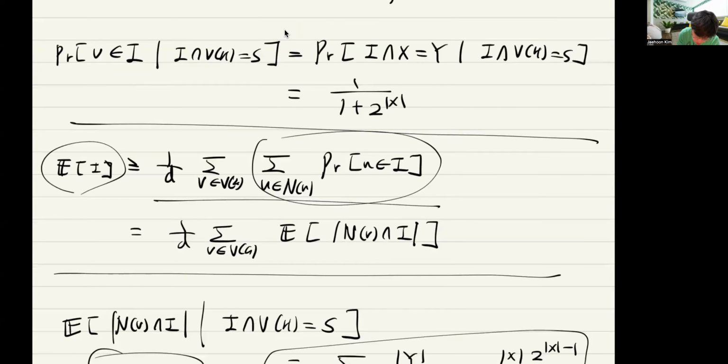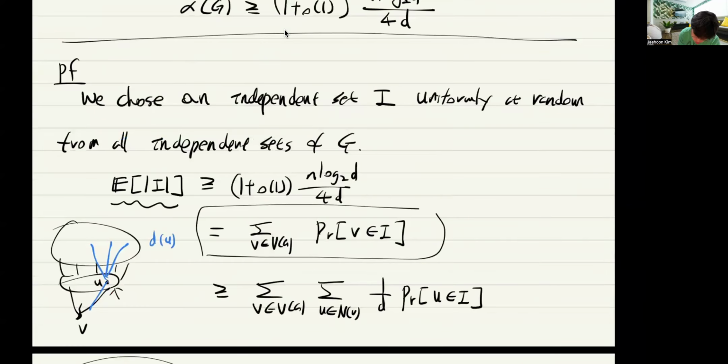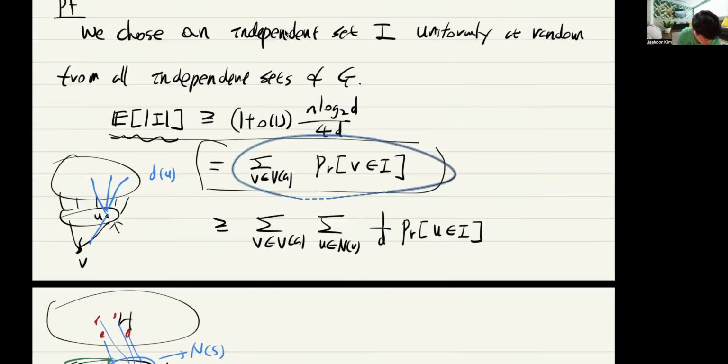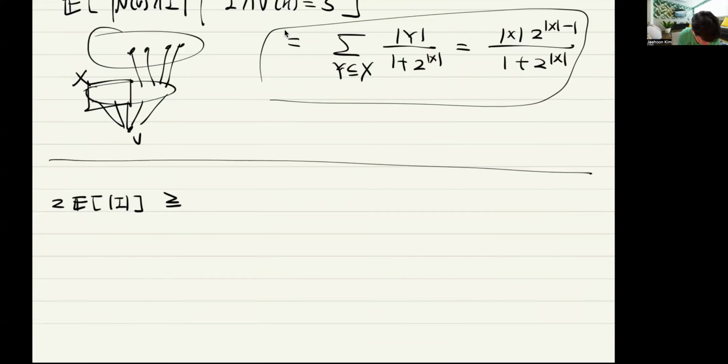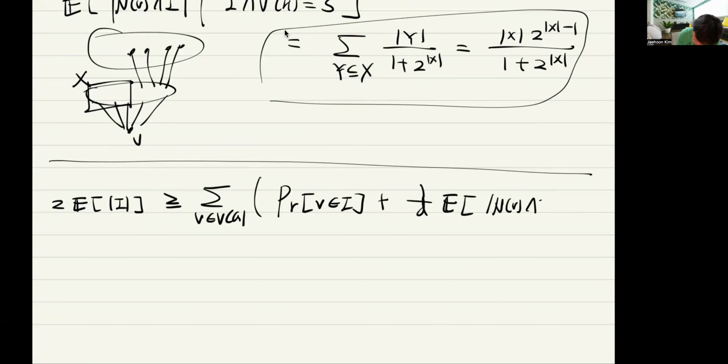This is at least this, and also this is at least this. We can simply write both of them at once. So for each vertex, you have the probability that B is in I, plus 1 over d times the expectation of the number of vertices chosen in the neighborhood of B. So this provides a lower bound.